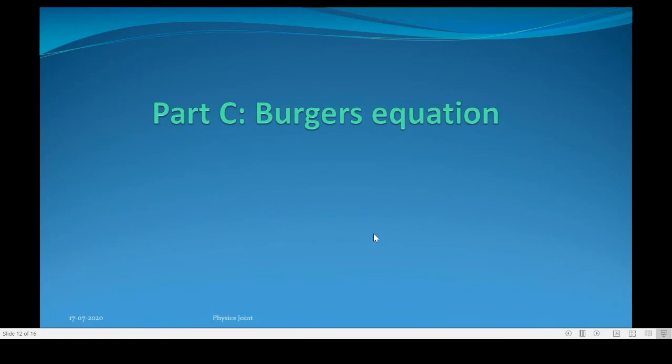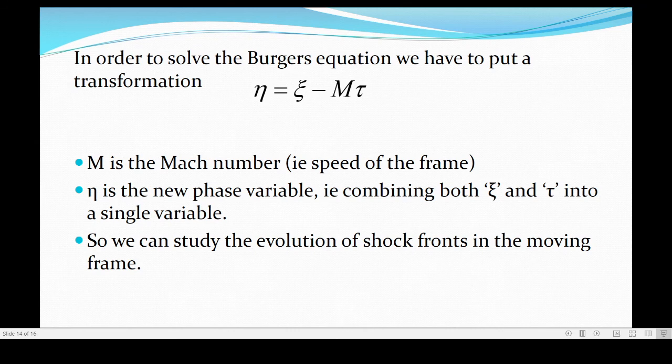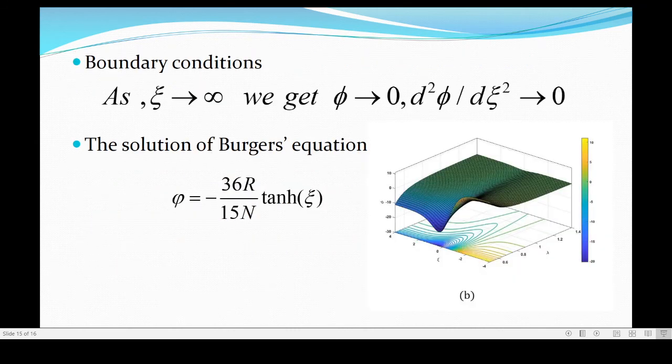Now the third one is the Burgers equation. As we know, there won't be any dispersive term, only the nonlinear term and the viscous term. So this is the Burgers equation, and you can use the same kind of stretching transformation and get this as the solution. It's a tanh solution.